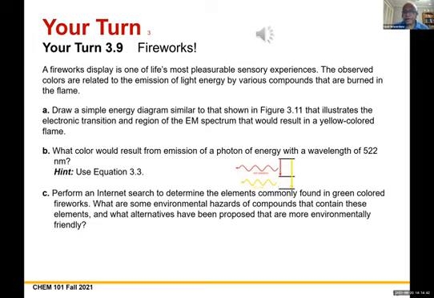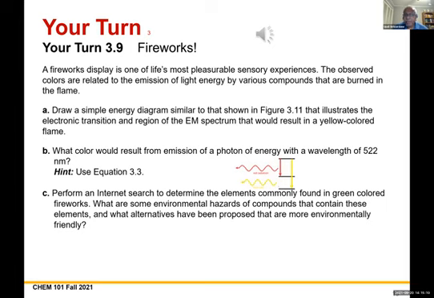You can search on the internet which elements give green color fireworks. One is copper. What are some environmental hazards of compounds that contain these elements? Copper in large amounts becomes toxic.